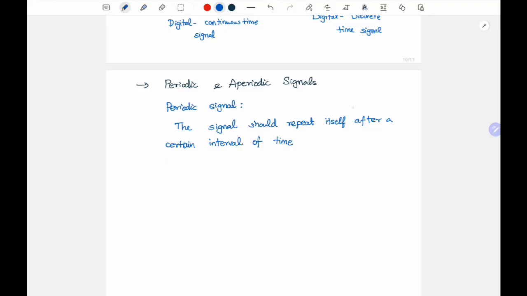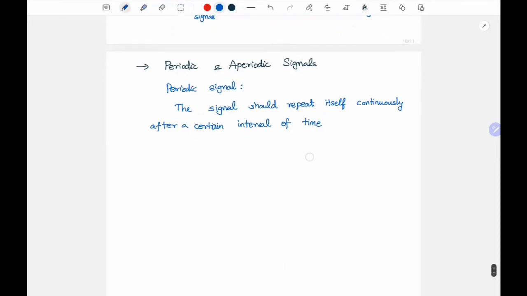And it should happen continuously. So it should repeat in itself continuously. So if it repeats just once, then it is not sufficient, right?